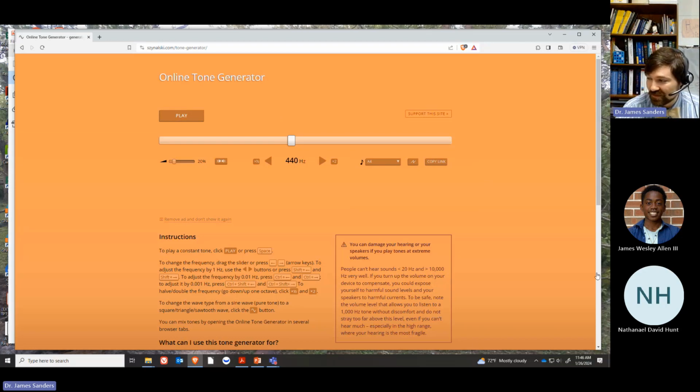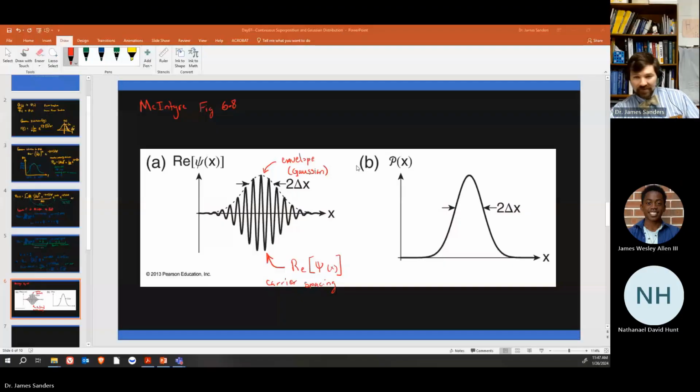Okay, and so I can do something similar with my momenta distribution. And therefore shape what my sort of superposition looks like.